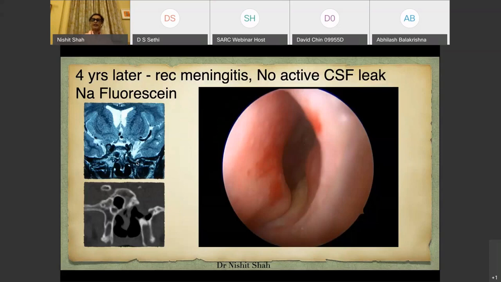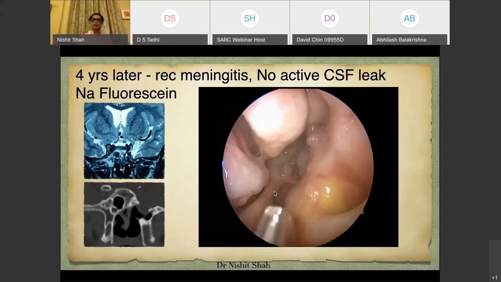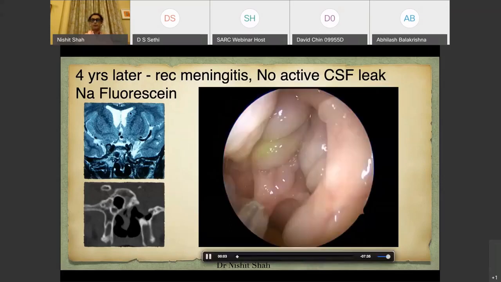When he got a second attack of meningitis, same thing done again: endoscopy, scans, no obvious area of defect. And because it's a very big defect, I can understand the reluctance of not just going in and wanting to close the defect. So he came to Bombay, and we did exactly the same things and could find nothing. So the decision was made to then explore him under general anesthesia with sodium fluorescein.